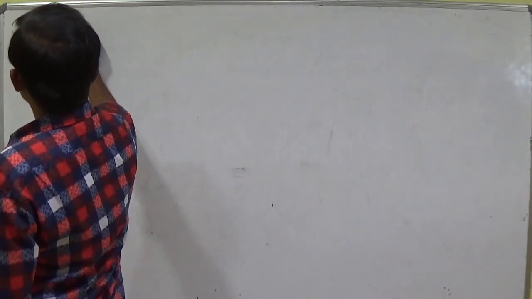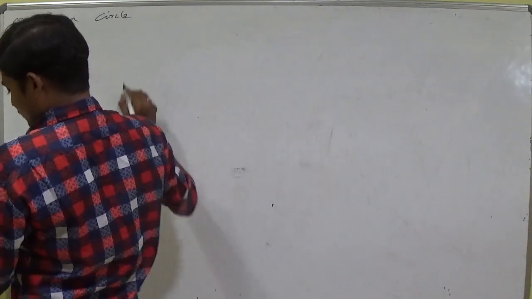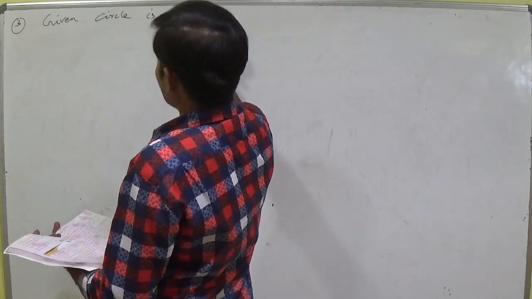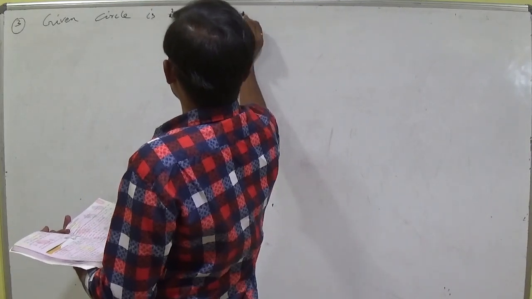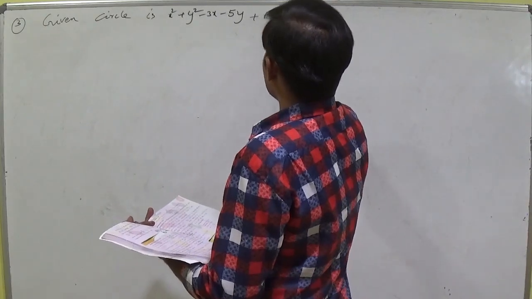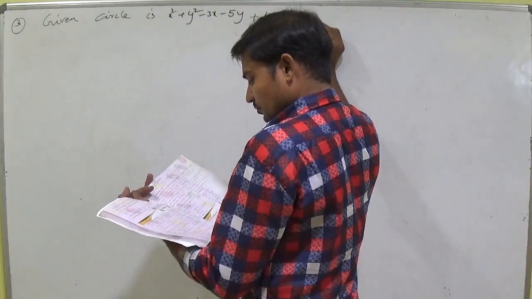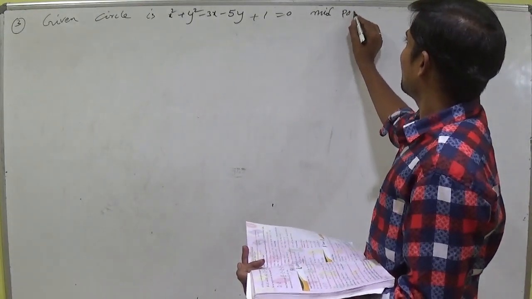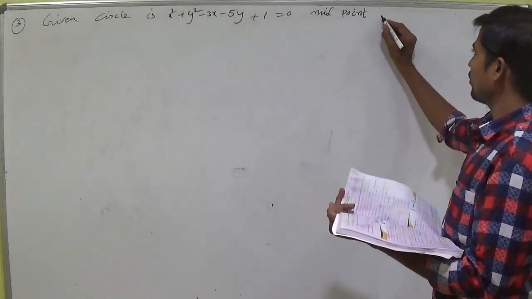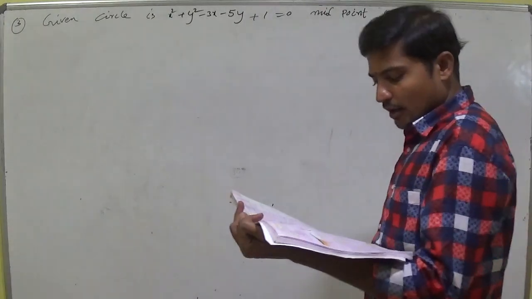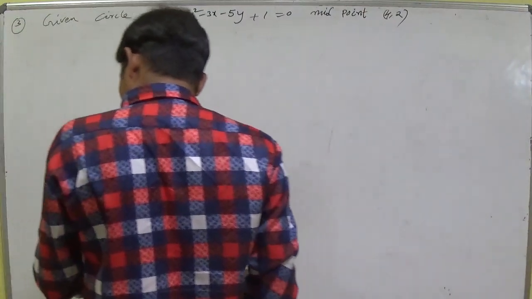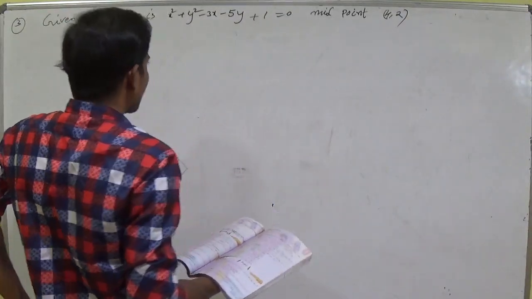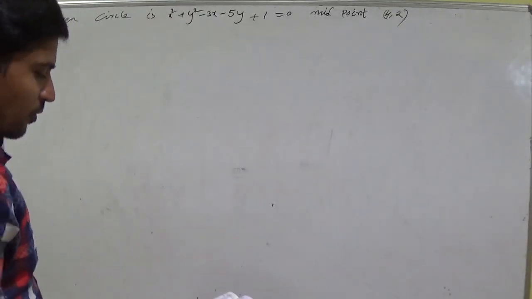Given circle is x square plus y square minus 3x minus 5y plus 1 equal to 0, whose midpoint is 4, 2.